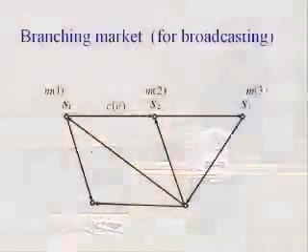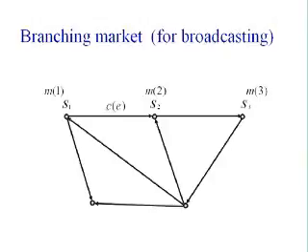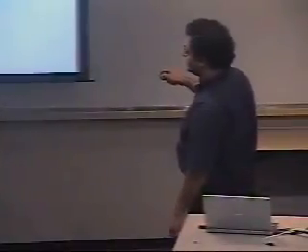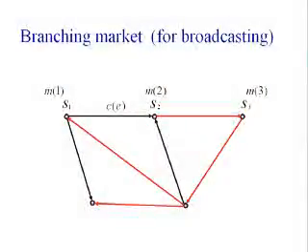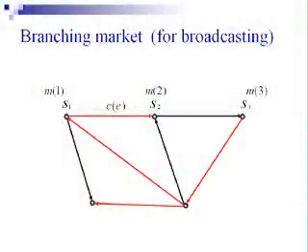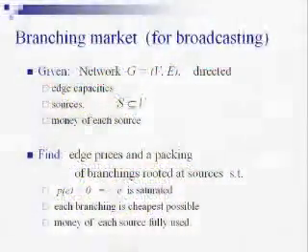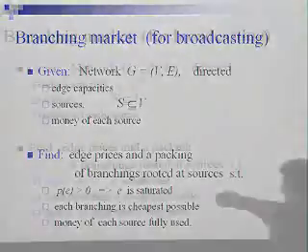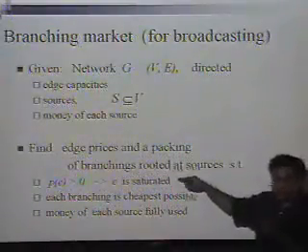So what is this market? So say you have a directed network with capacities on edges and a bunch of sources with monies, and you want to find branchings rooted at these sources. So this is a branching rooted at S2, this is the branching rooted at S3. Okay, so you want to find a packing of branchings and edge prices so that only saturated edges have prices.